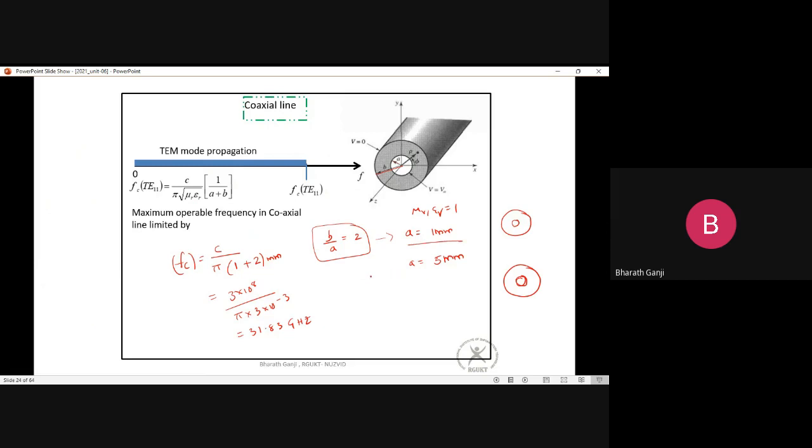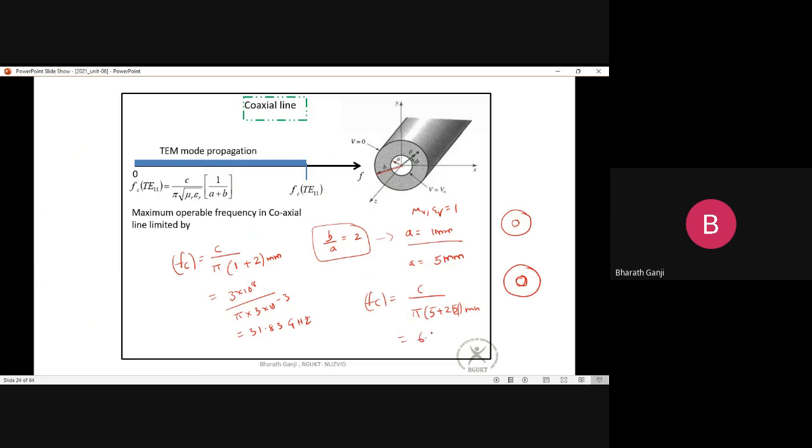Let me take a case where a is 5 mm. Then fc is c divided by pi times 5 plus 2 times 5. So you get the same expression, but if you substitute these things, you get an answer divided by 5.